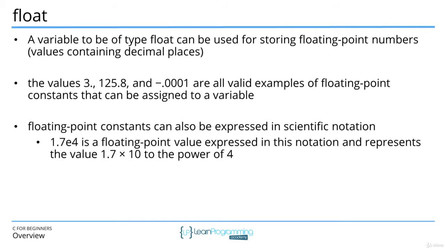There are also floating point constants in C. These can be expressed in scientific notation. So for example, 1.7e4 is a floating point value expressed in scientific notation, and represents the value 1.7 times 10 to the power of 4. So that's 1.7 times 10,000, which would be 17,000.